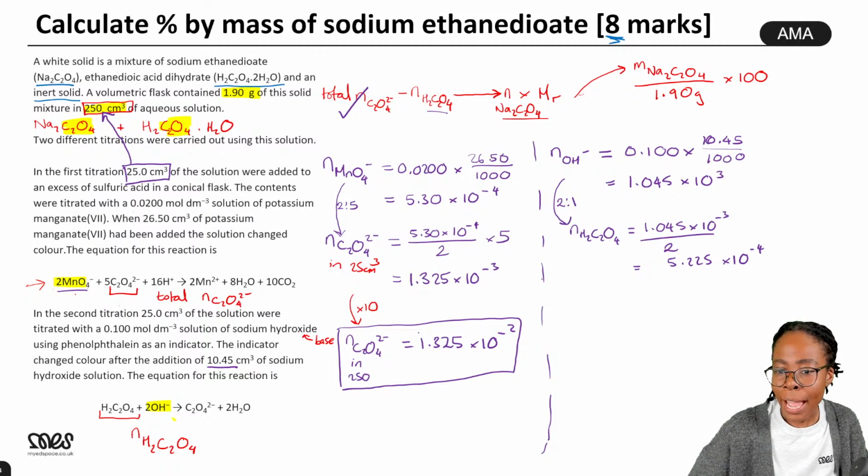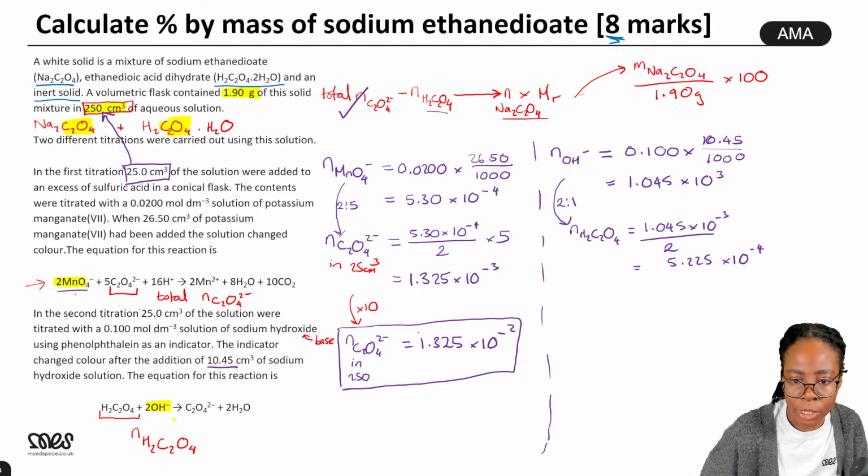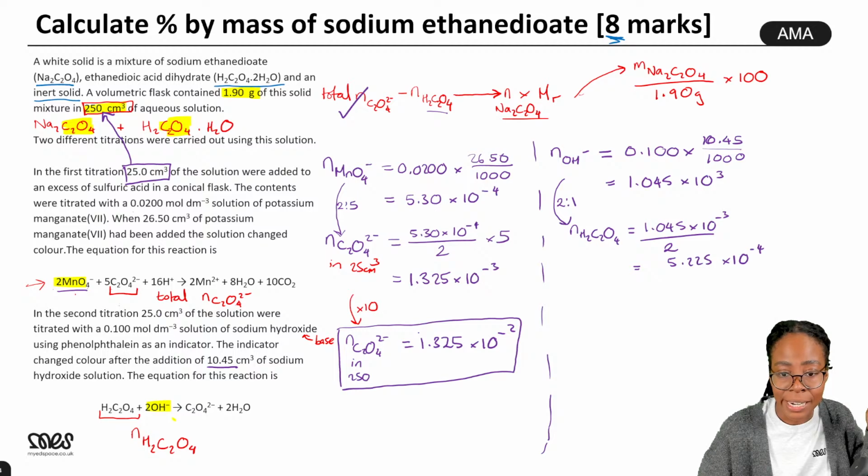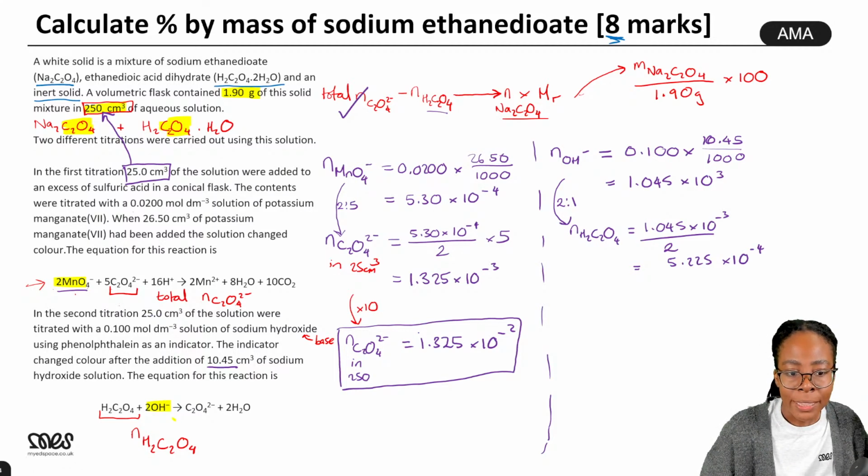Lovely, thank you. And again, that titration, we always have to remember that scaling step. So to check for the scaling, that titration was done on a 25 centimeters cubed sample. So again, we need to scale back to the original 250. Lovely.